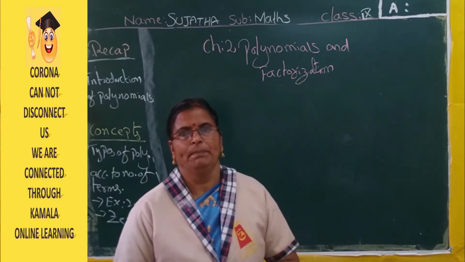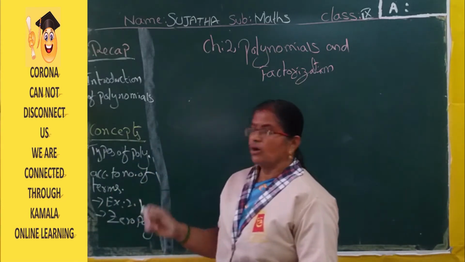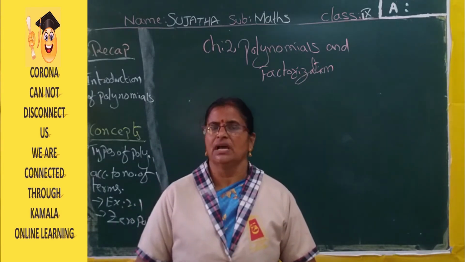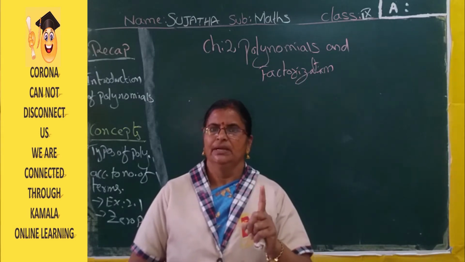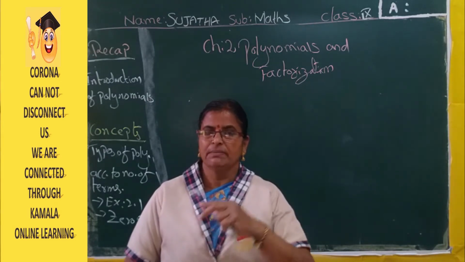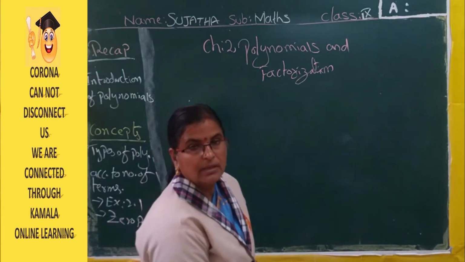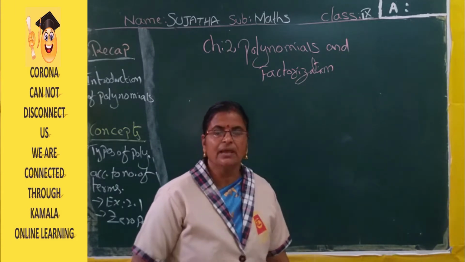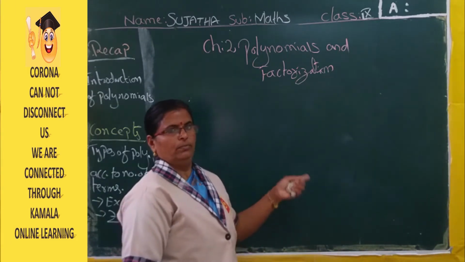Now, in this topic, we will learn types of polynomials according to the terms. In the previous class we discussed that if an algebraic expression contains one term, it is called a monomial. Similarly here, if a polynomial has only one term, we call it a monomial polynomial.